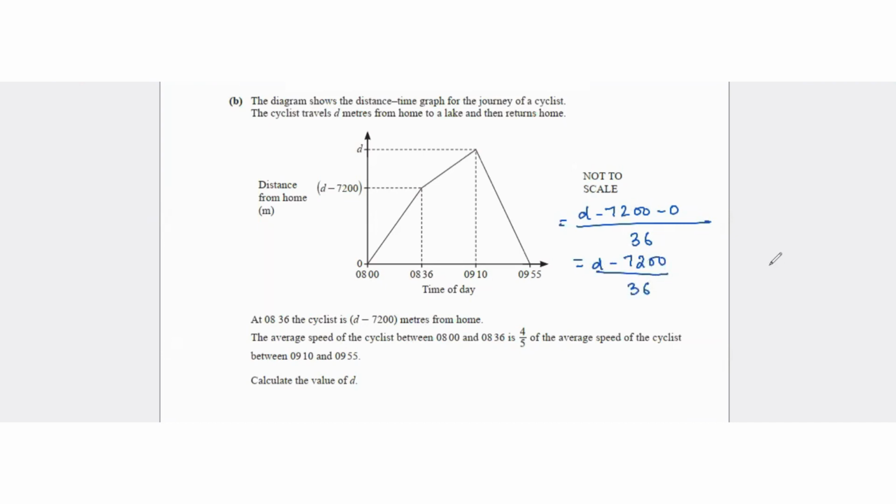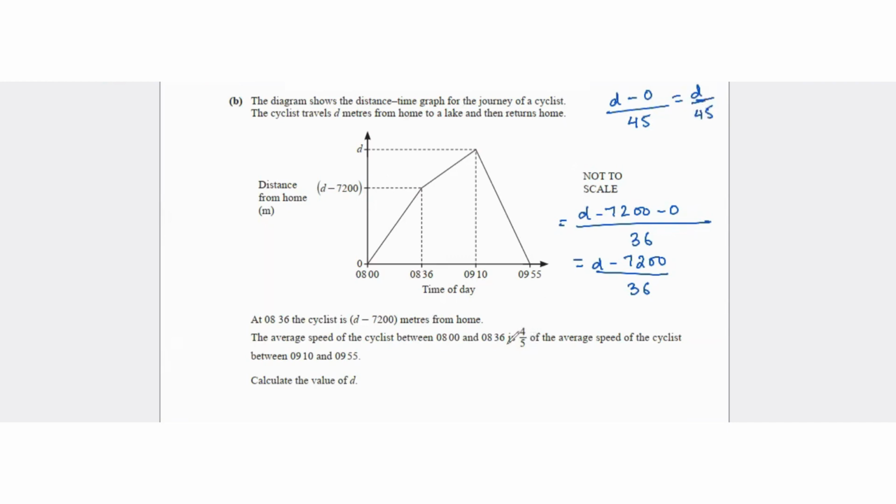Then we find the average speed in the slope, which is going to be d minus 0 over 45, which is d over 45, yeah.